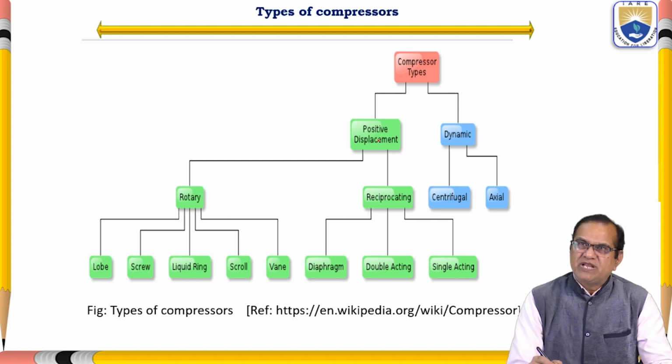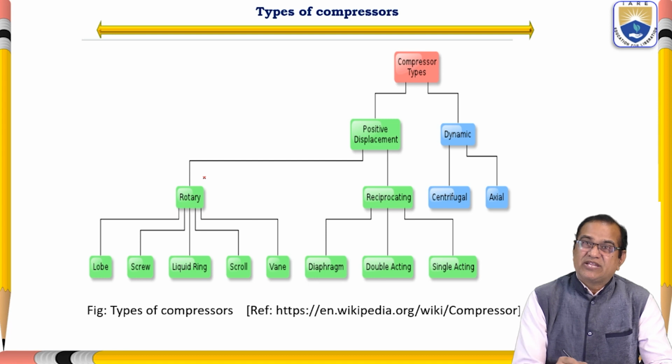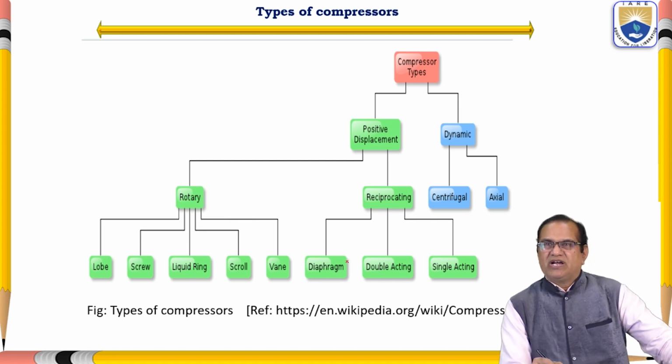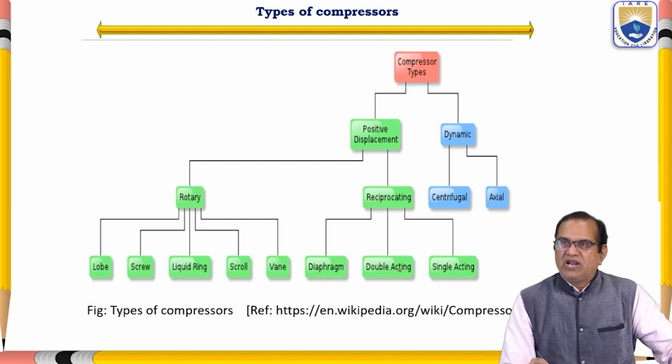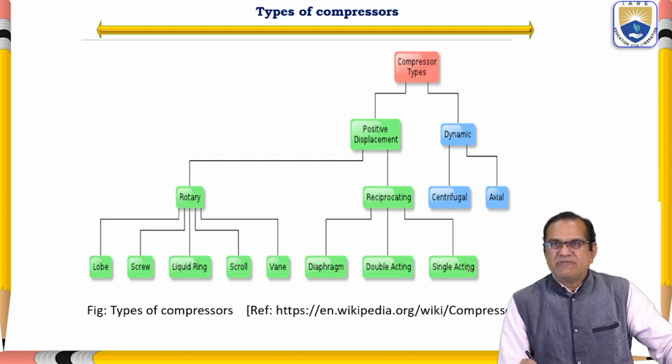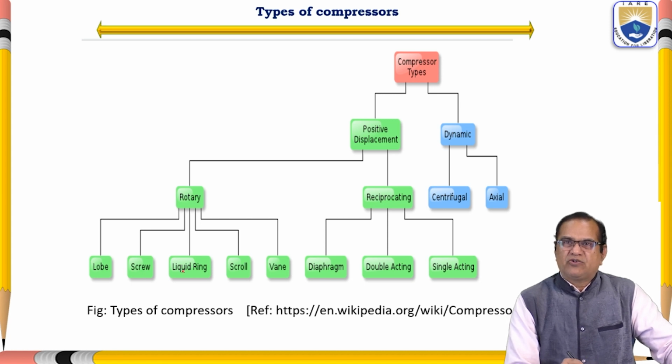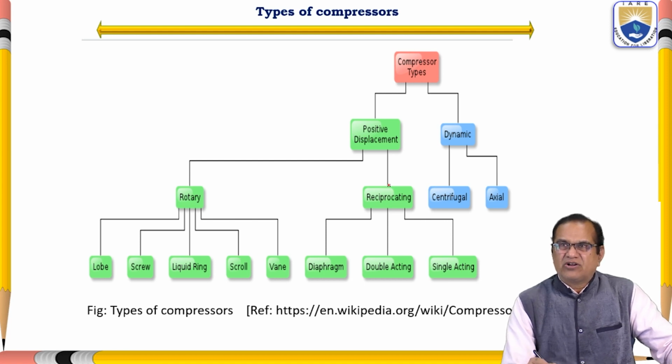In positive displacement, we have the reciprocating compressor and the rotary compressor. In the reciprocating, we have the diaphragm type, double acting type and single acting type. In the rotary, we have the lobe type, screw type, liquid ring type, scroll type and vane type. Out of these, we will study some, not all.